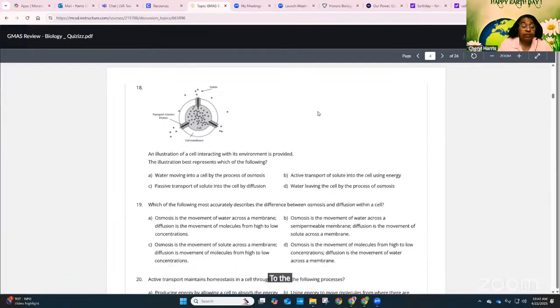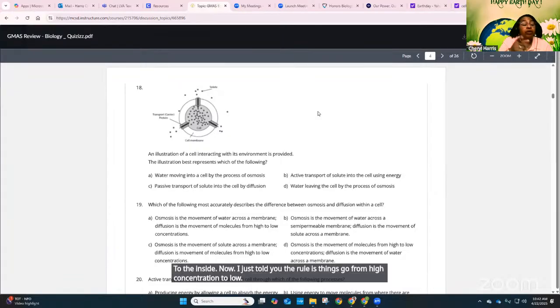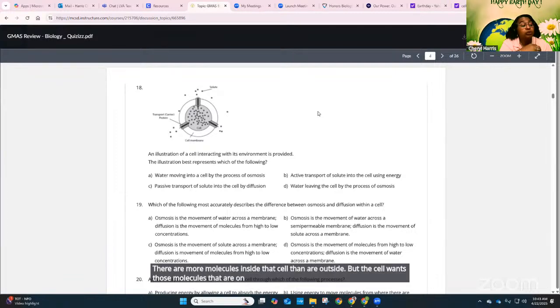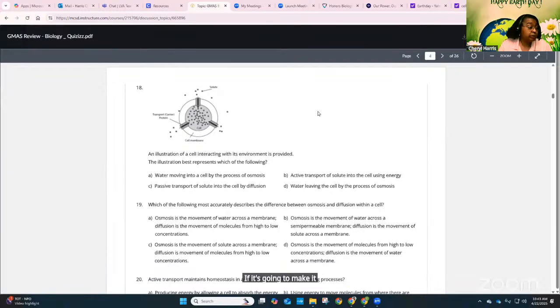Now, I just told you the rule is things go from high concentration to low. There are more molecules inside that cell than are outside, but the cell wants those molecules that are on the outside, so it is going to make it happen. If it's going to make it happen, that's active transport.